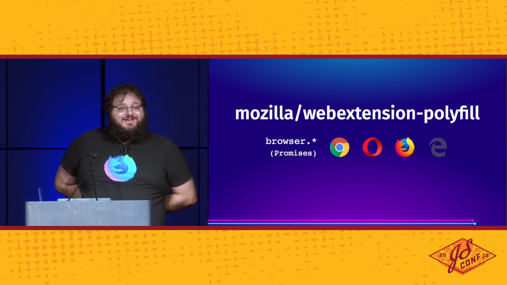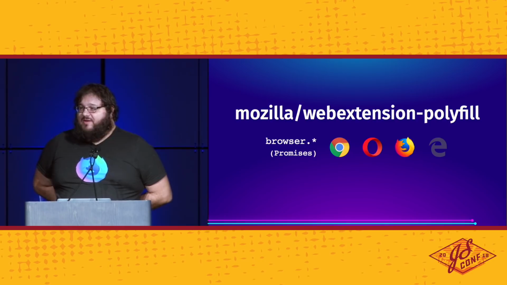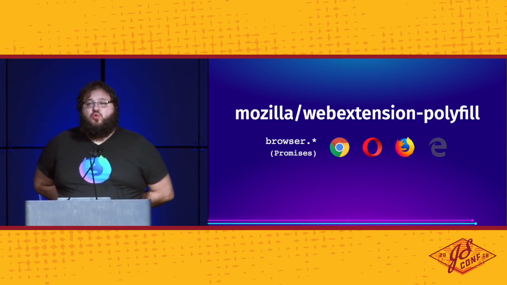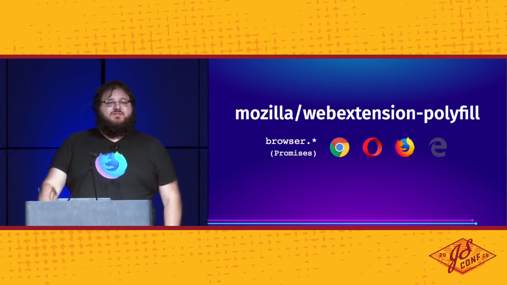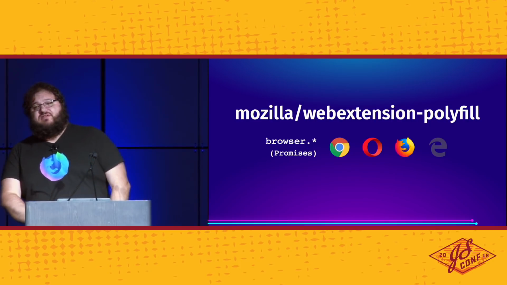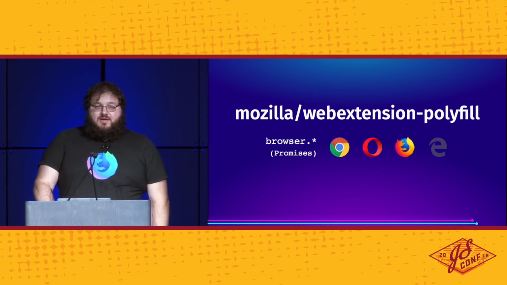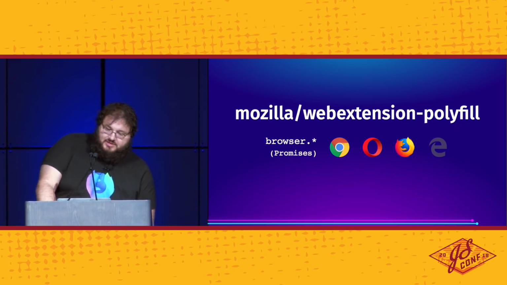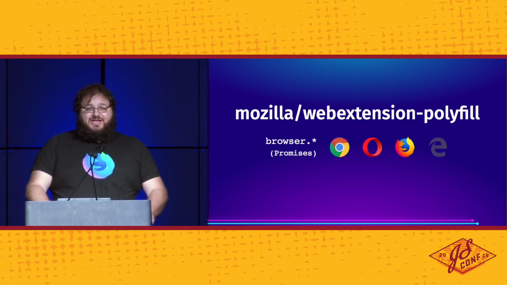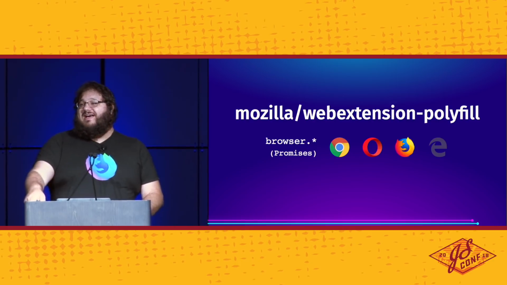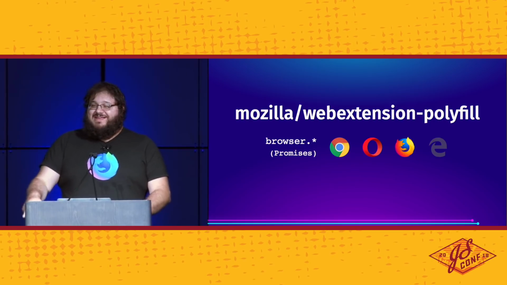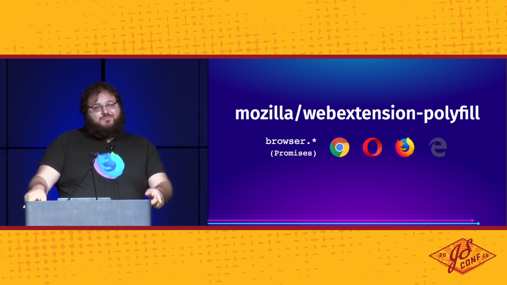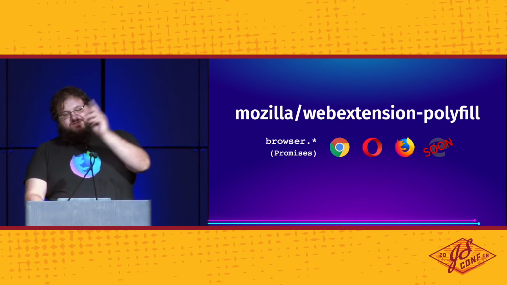This will go into Chrome and say, hey, all those callback-based extensions on chrome dot, we're going to polyfill all of those to be promise-based on browser dot. Edge, however, we forgot to say that, right, Edge does support chrome dot, but when we detect browser dot, we assume it's promises, and yeah, we're fixing it.